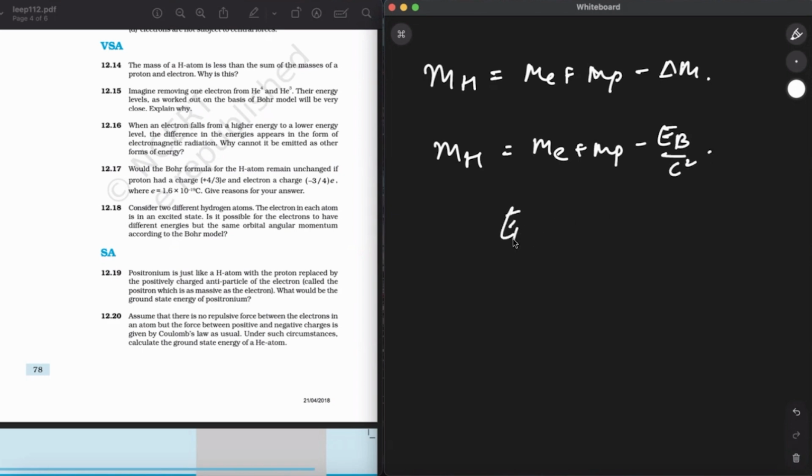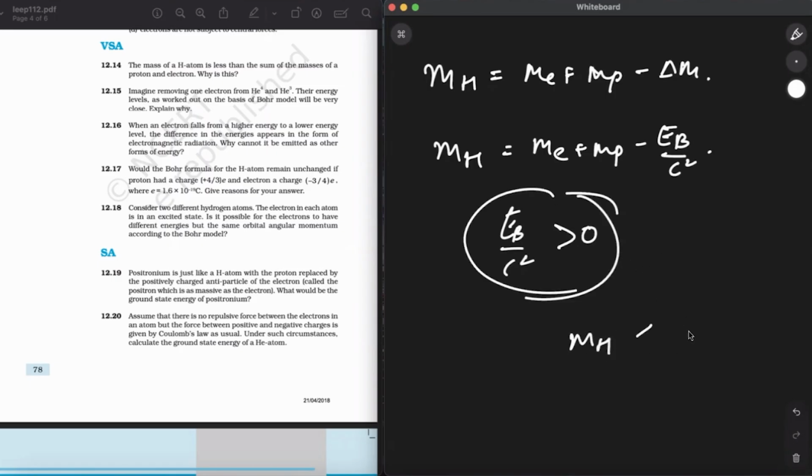The quantity E binding upon c squared will be greater than 0. Therefore, the mass of hydrogen will always be less than the mass of electron plus the mass of proton, as we have proved.